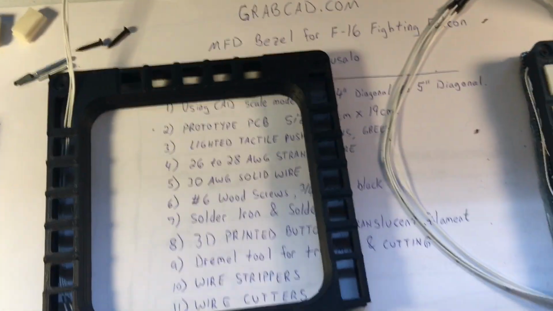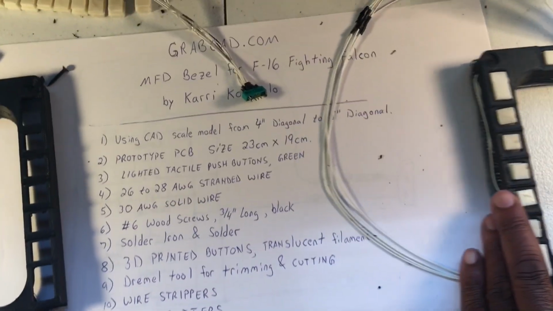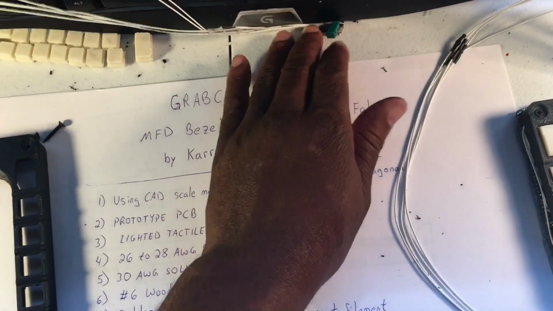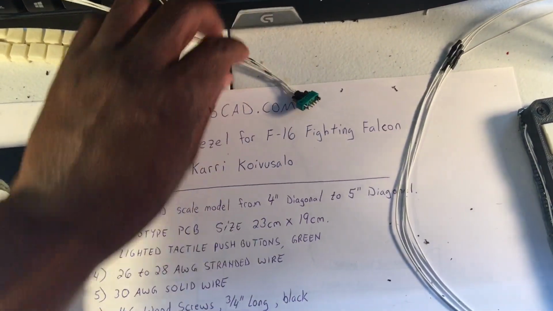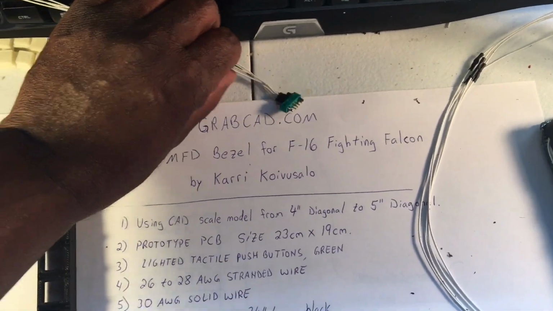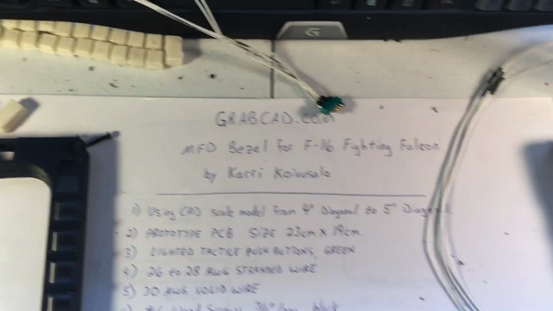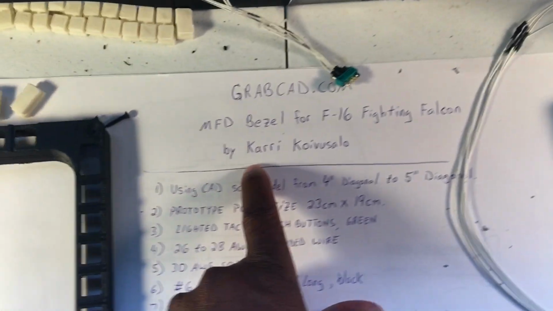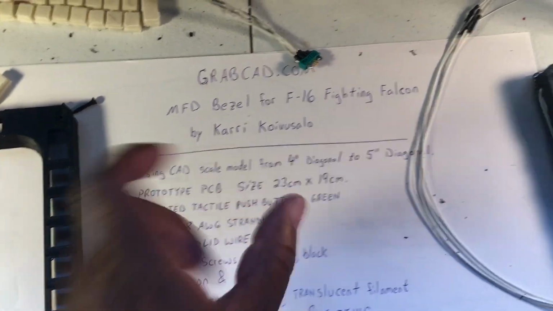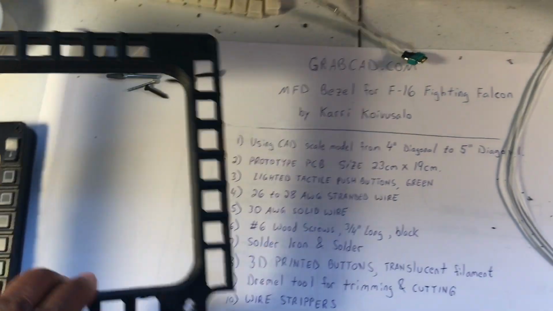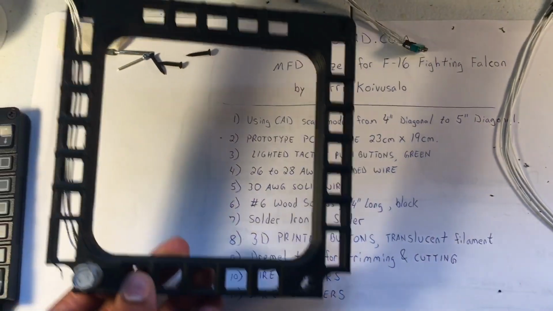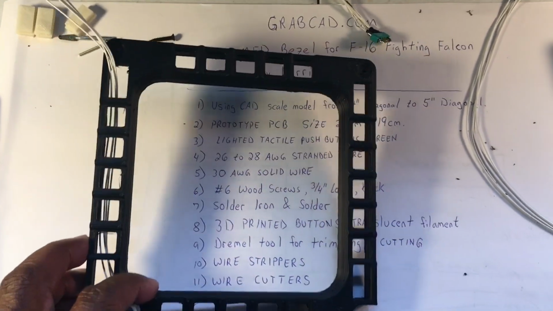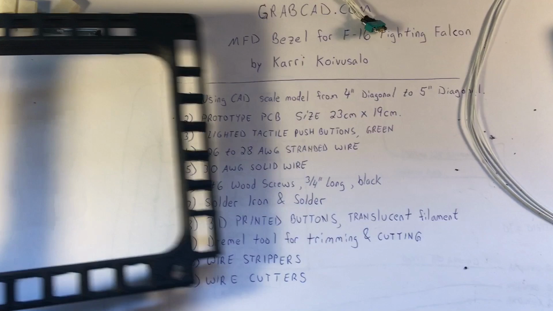Okay, so some of the components that we've used would be, if you go to the website grabcad.com, and if you do a search on MFD bezel for the F-16 Fighting Falcon, you'll find a bezel STP 3D file that you can use to print out your bezel by Carry. So you can locate that file and open it with your CAD tool.